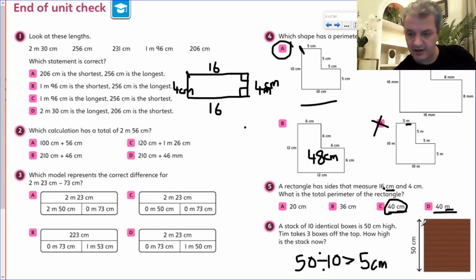Tim takes 3 off the top. So there's the 3 I'm taking off the top. I started with 10. I've taken away 3. 10 take away 3 is 7. So I've got 7 boxes. How high is each box? Each box is 5 centimeters.